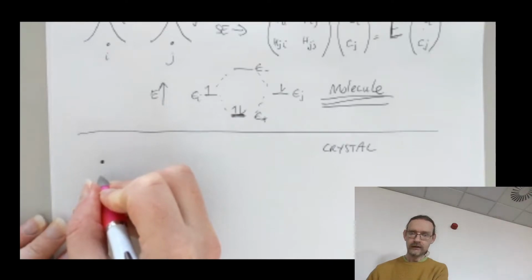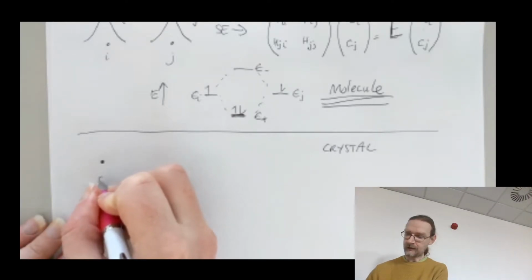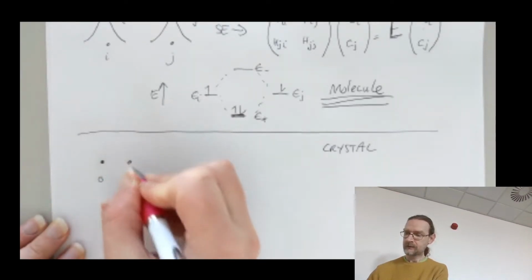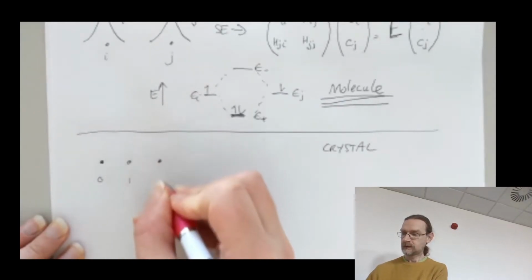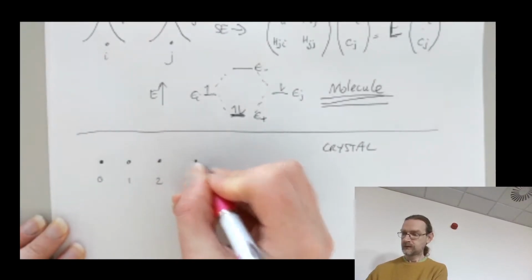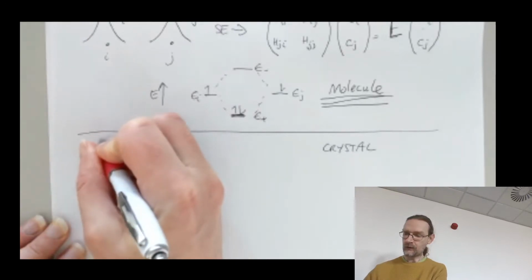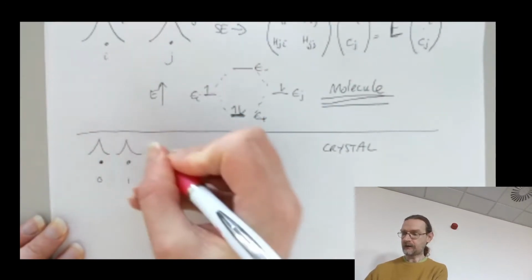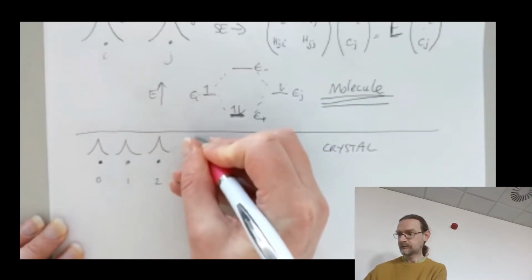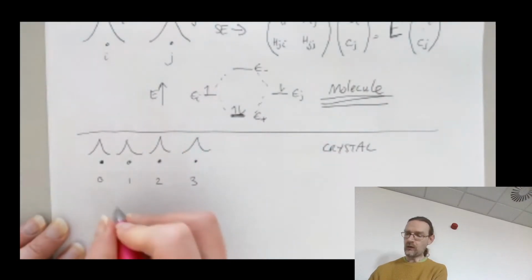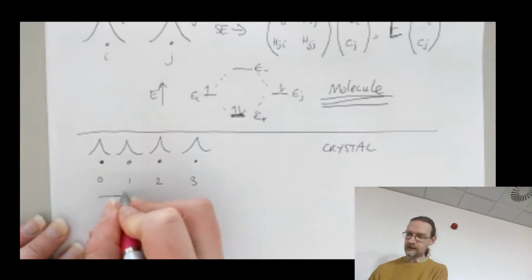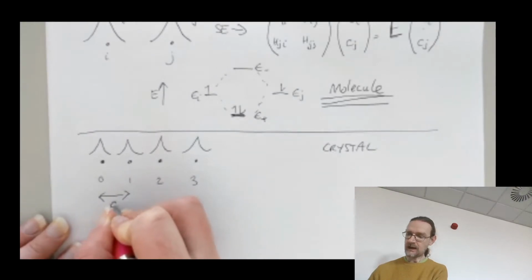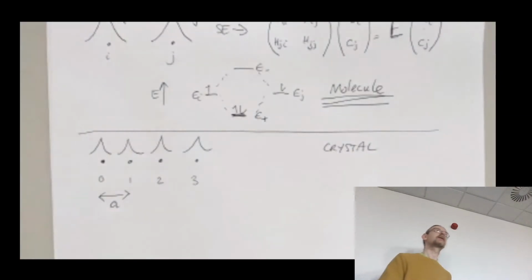Atom 1, 2, 3. They've all got a basis function on them, and they're all going to be a distance a apart.